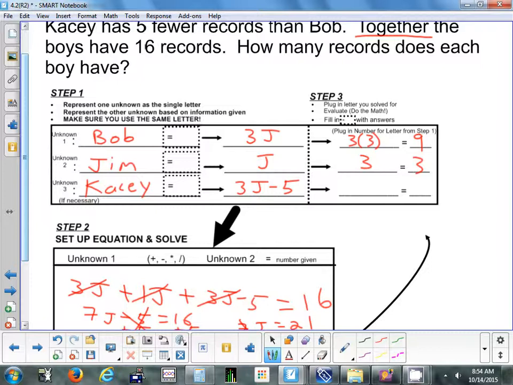Fill in 3 for J with Casey. 3 times 3, which is 9. What's 9 take away 5? 4. So basically, these are your answers. We just copied them over next to the names so we could see it closer. So Bob has 9, Jim has 3, and Casey has 4.